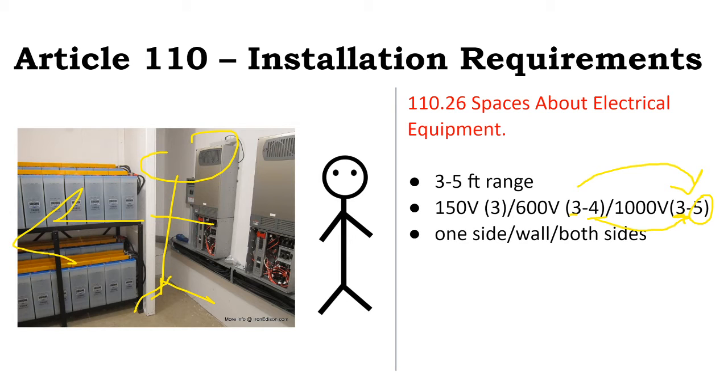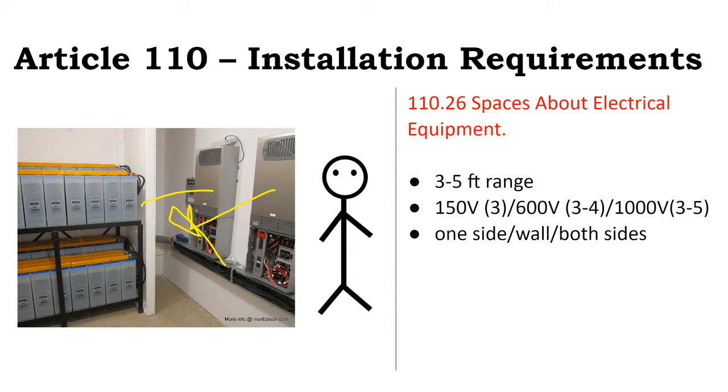And so where I kind of memorize this for an exam is, the standard is you need to have 3 feet of working space behind you. If you have a wall behind you, that's even more than that. If you have electrical equipment behind you, it's even more than that. And I don't worry about the 1,000-volt stuff because if any exam I'm taking is 1,000 volts, I'm not going to guess.